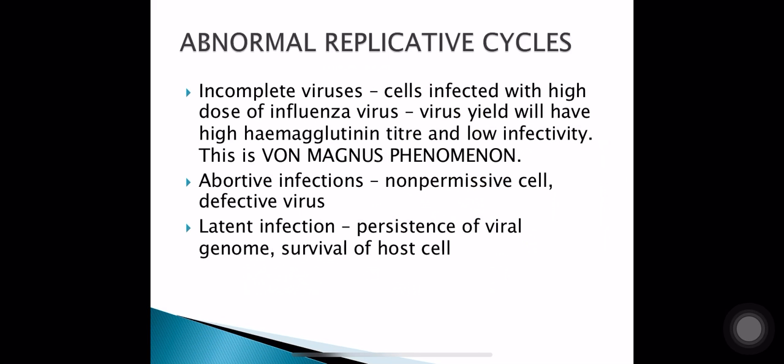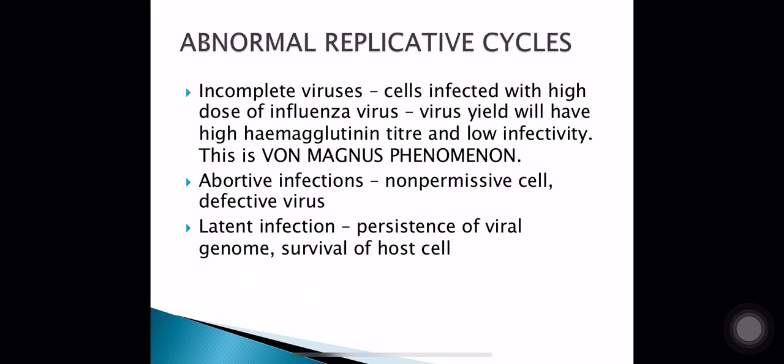Now what are abnormal replicative cycles? In certain replicative cycles, plenty of viruses enter the host cell, and the host cell is not able to cope with so many viruses. The host cell machinery is limited. It cannot synthesize a sufficient number of proteins and components, and cannot give rise to normal viral progeny.